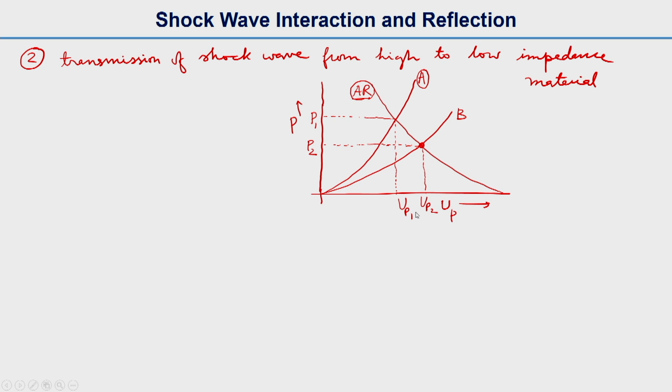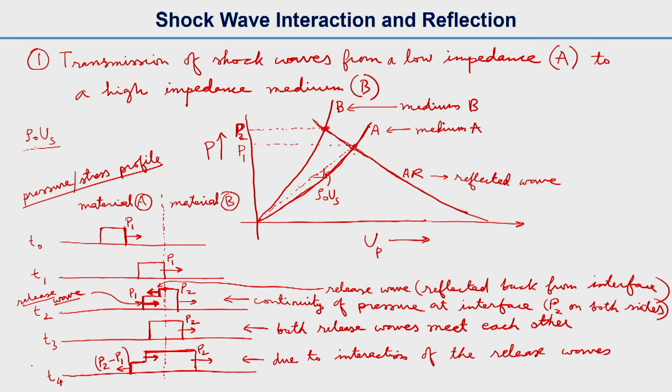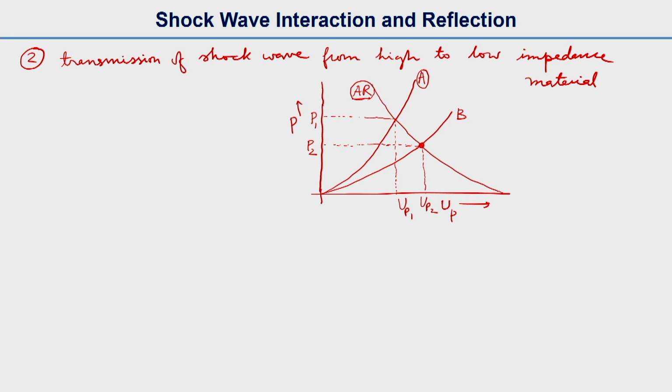In the previous case, I forgot to mention these particle velocities. So UP1 and UP2 are the particle velocity values in the two mediums. Now what we have drawn is a P-UP plot, a pressure-UP plot.